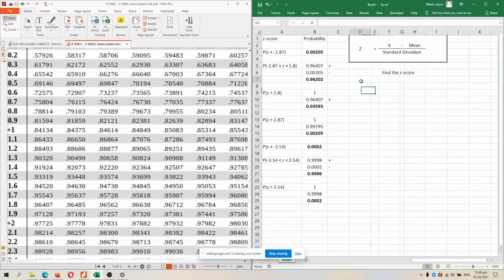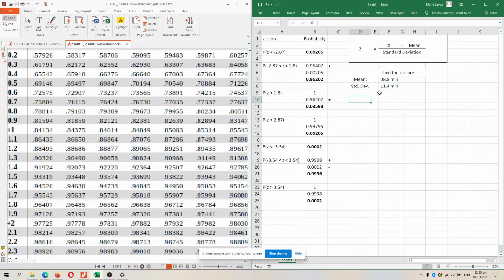Kunwari, given sa atin, we have mean, ang mean natin is 38.8 minutes. Tapos, meron tayong standard deviation na 11.4 minutes.